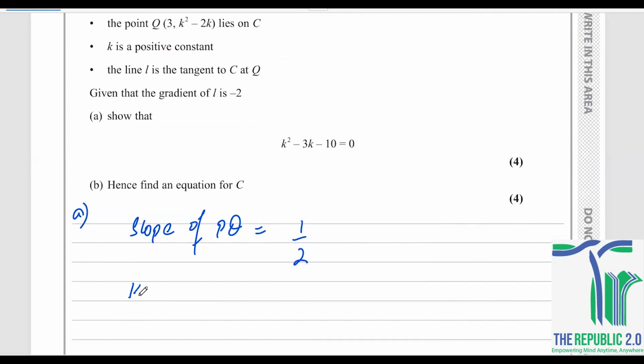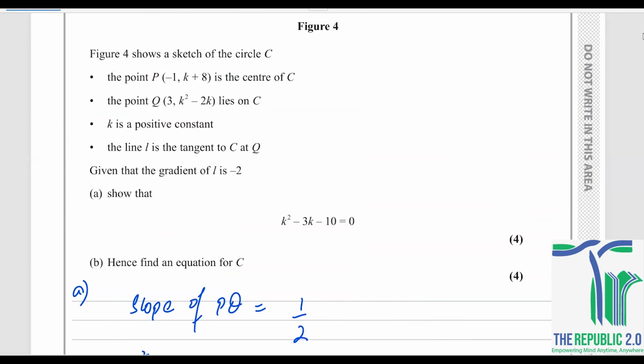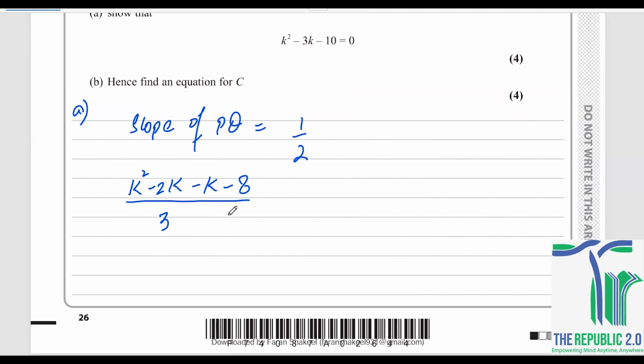So I will have (k² - 2k - k - 8) divided by x2 minus x1. x2 is 3 and x1 is -1, so you'll have 3 - (-1), which is 4. We're going to keep it equal to 1/2.